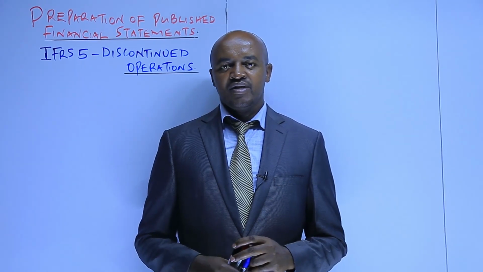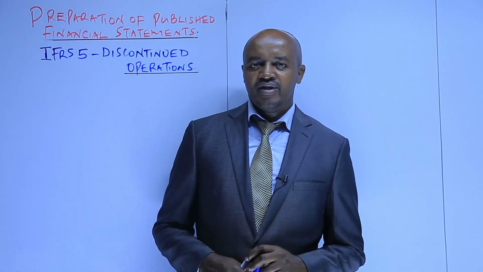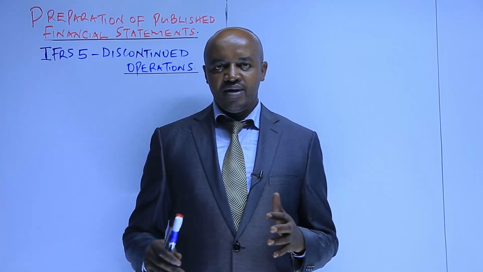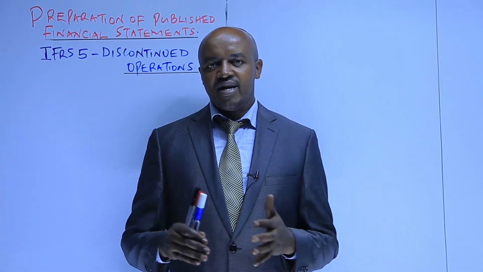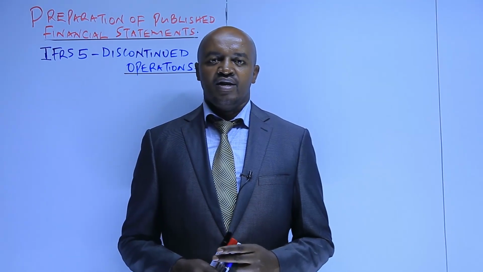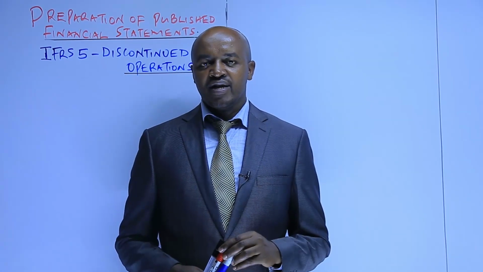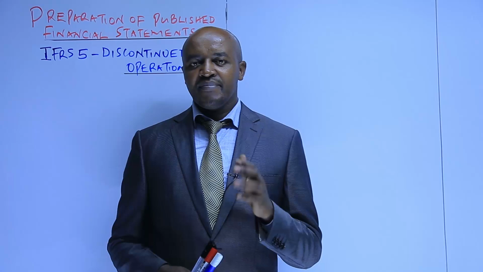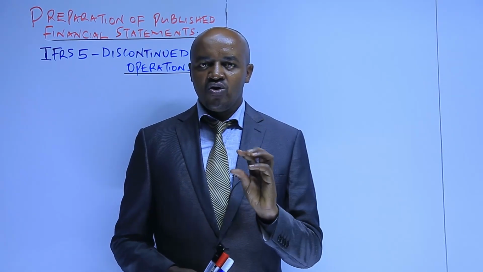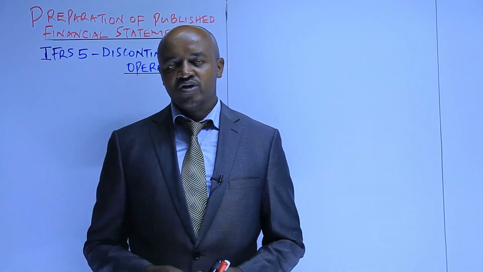So basically what that means is that if a company has, for example, closed down one of its branches, or a parent company which had a number of subsidiaries has sold a certain subsidiary, or an organization owns an asset but a decision has been made that that particular asset is to be sold, then all those items qualify to be classified as a discontinued operation.